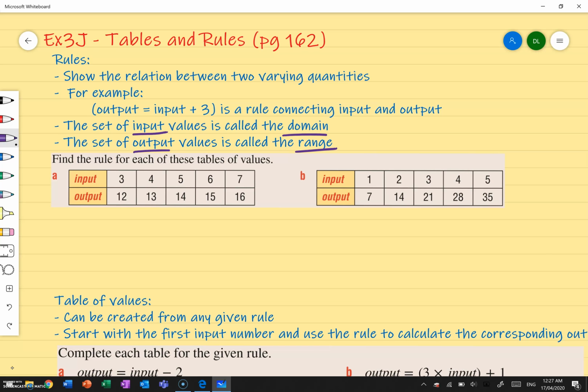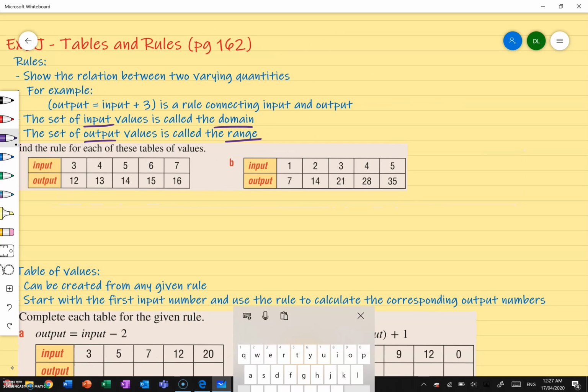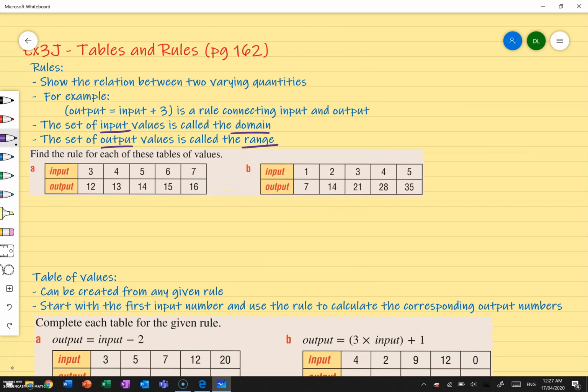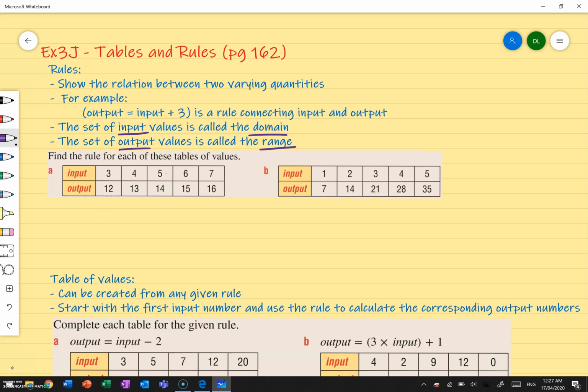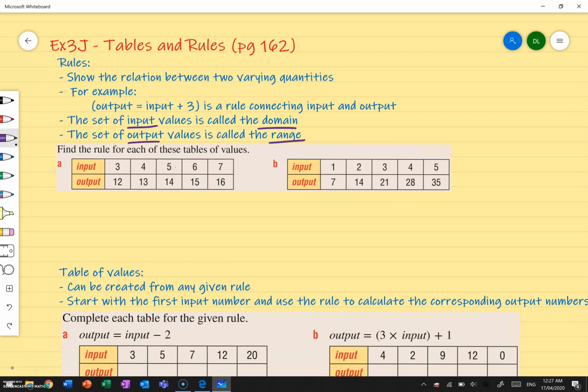And by looking at this, I know that this goes up by 1 every time. Plus 1, plus 1, plus 1, etc., right? And the bottom, you can see, also goes up by plus 1. So they all go up by plus 1, which means that I think I'm looking at an addition or a common difference.